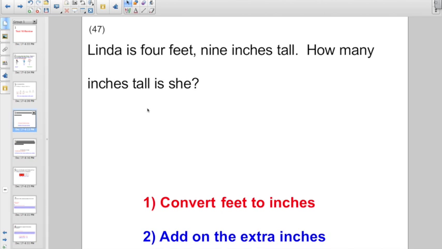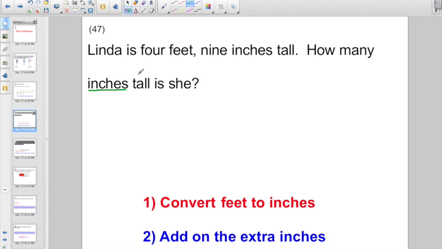Check out this one. Here it says, Linda is 4 feet 9 inches tall. How many inches tall is she? And the hint that I wrote down here for you, you first want to convert feet into inches because they want the answer in inches. So she's 4 feet.